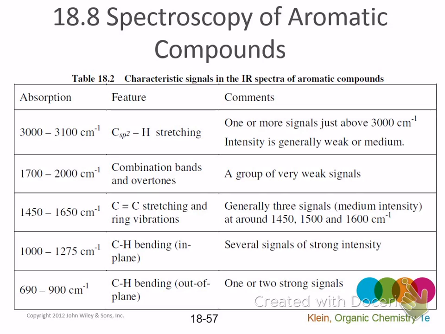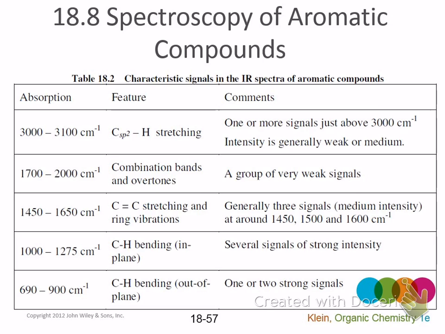There's also what we call in-plane and out-of-plane bending. If I'm a benzene ring, what's my geometry? I'm flat, right? So in-plane stretching is like jumping jacks. You don't need to know that, but these are the frequencies where you typically find them.